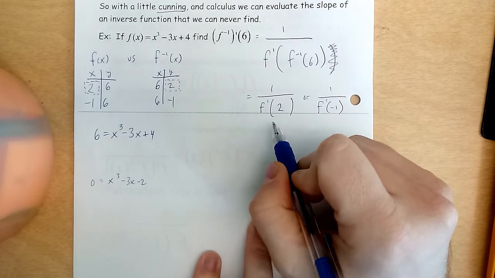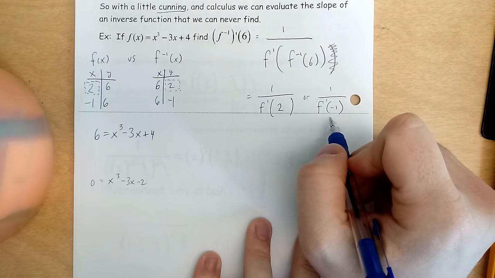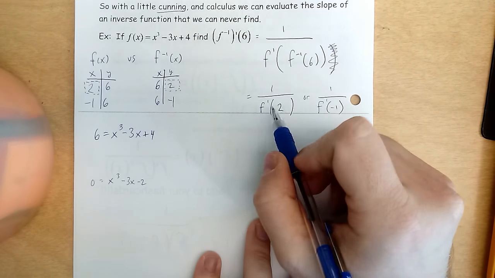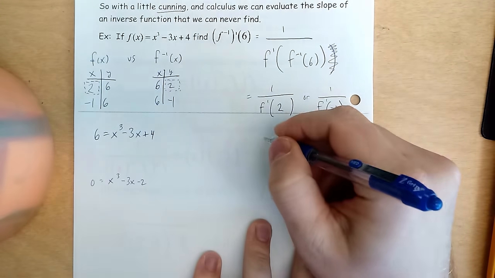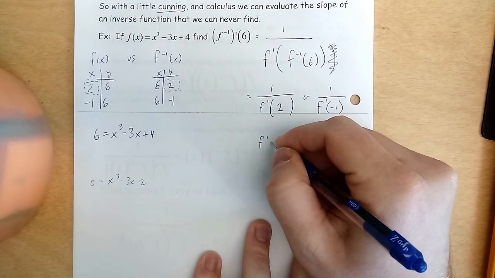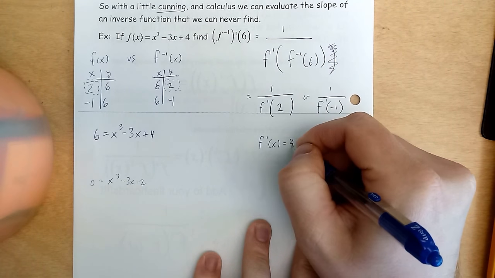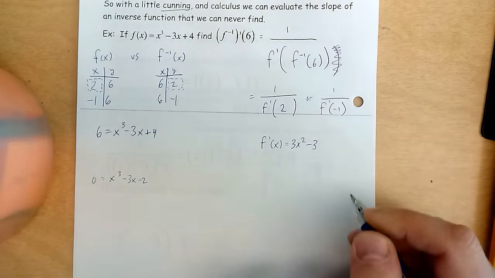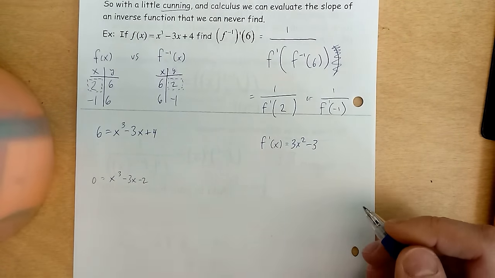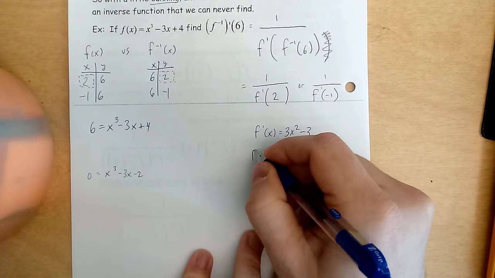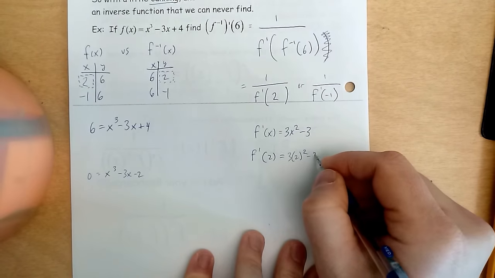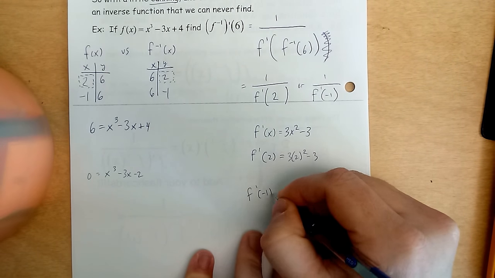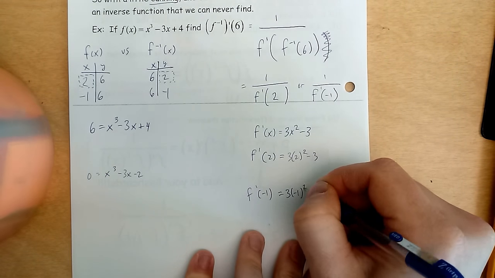So the good news is these are both very easy to find, because this is just saying f prime of that. Well, f prime of that is just 3x squared minus 3. So f prime of 2 is just 3 times 2 squared minus 3, and f prime of -1 is just 3 times -1 squared minus 3.